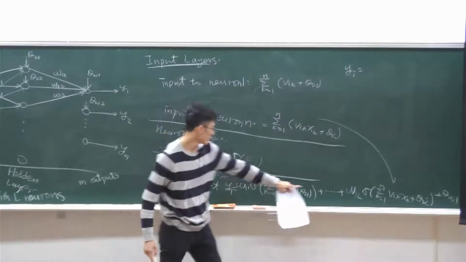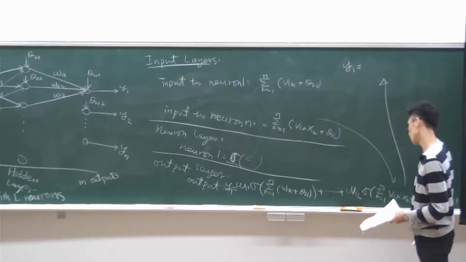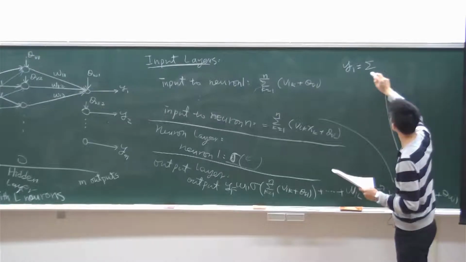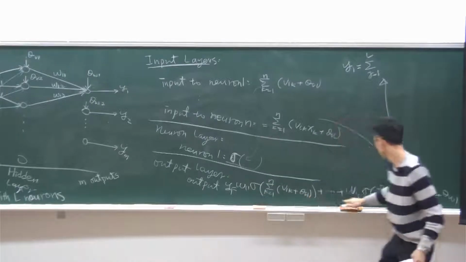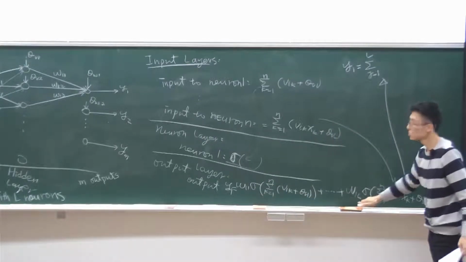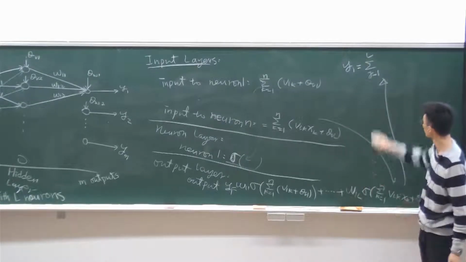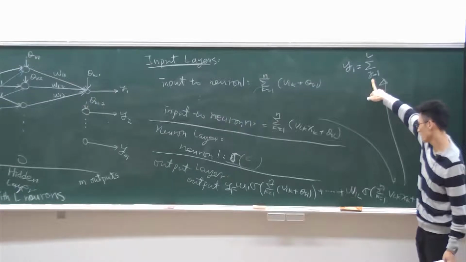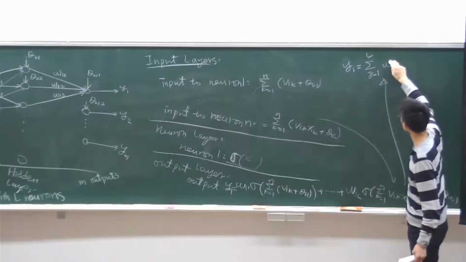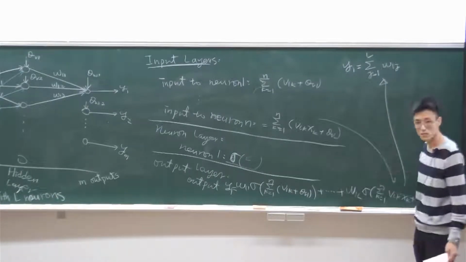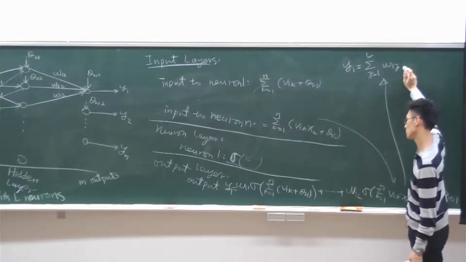Yi is equal to the summation of j from 1 to L, because there are L terms, so you can summarize the L terms and put the index j into the second element, and sigma.